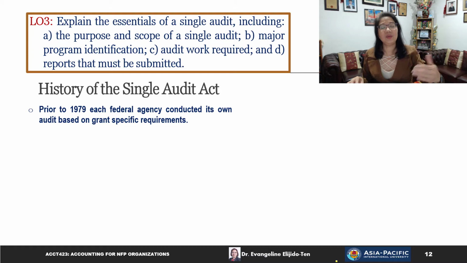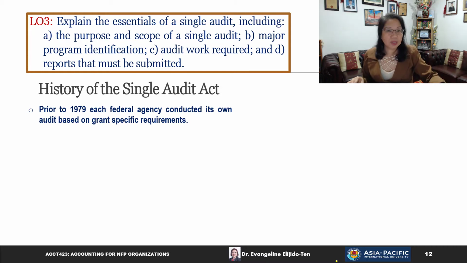So until the mid-80s, each federal agency established their own accounting, reporting, and auditing requirements for each program administered with the government grants, and as you can imagine, each of these would be different from agency to agency.